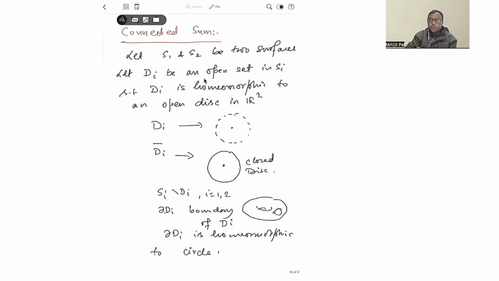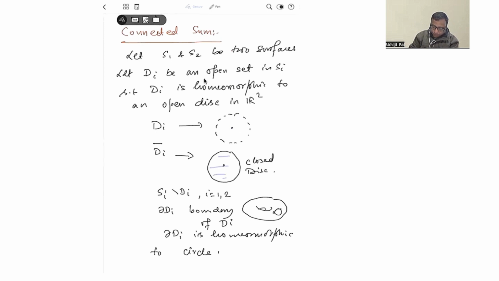Now what is the definition of the connected sum? Let us take two surfaces S1 and S2, and let Di be an open set in Si such that Di is homeomorphic to an open disk in R2. This is my picture. The closure of Di, Di bar, is just the closed disk.